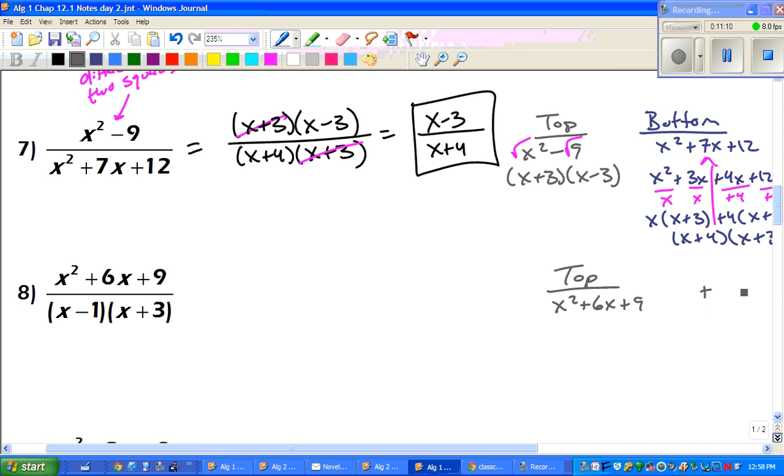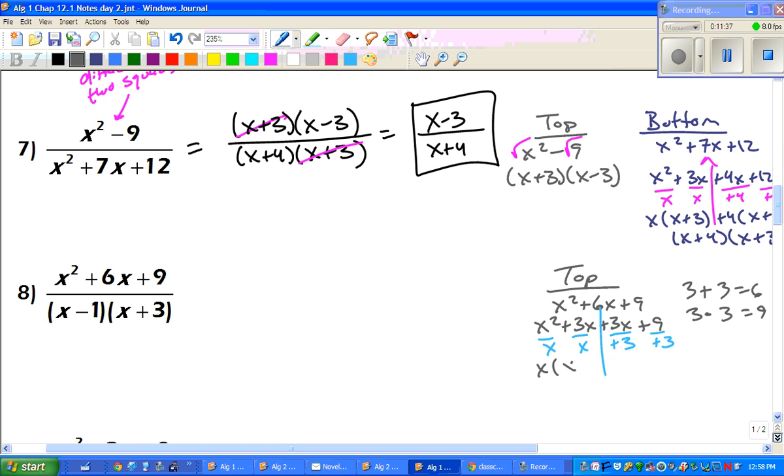All right, the top, you're looking for numbers that add up to get to 6 and multiply to get to 9. And it should be 3 and 3. I'm being very nice for doing this for you guys because you should be able to do this. Okay? We're taking out a positive 3 from the back.